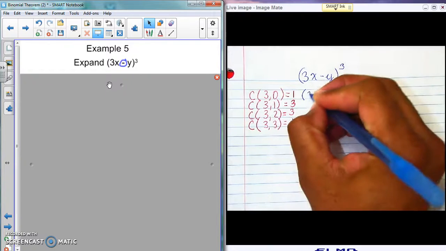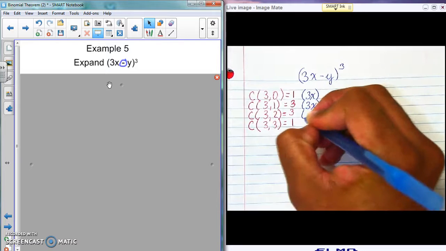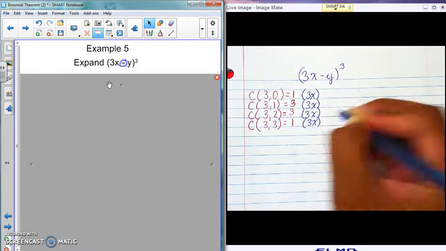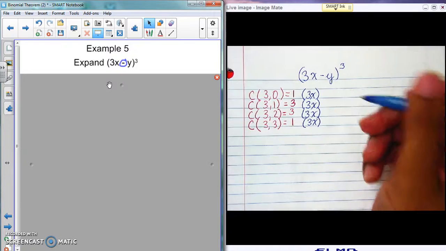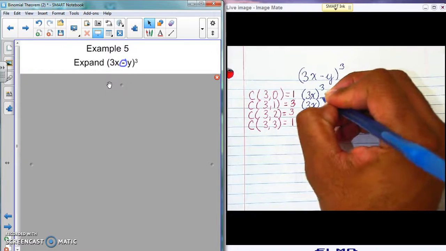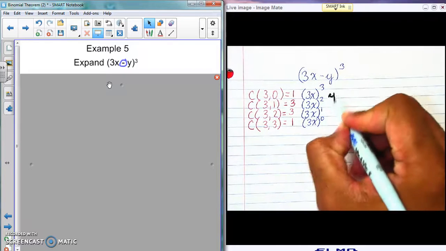Okay. So here we do our first term, just like normal. We haven't changed anything. And here we go ahead and add in the 3, 2, 1, 0. And with our y's, again, we just add the y, leave the negative alone for now.